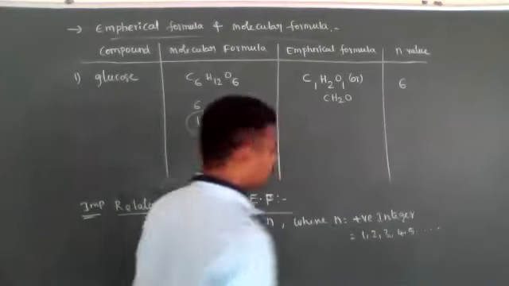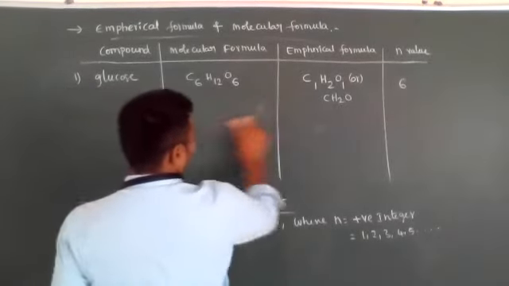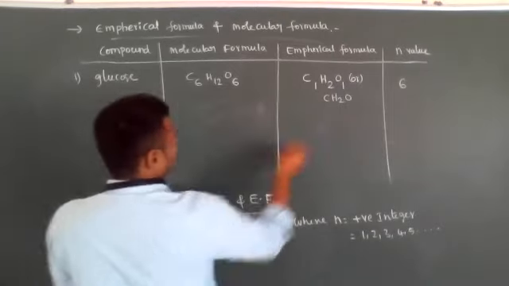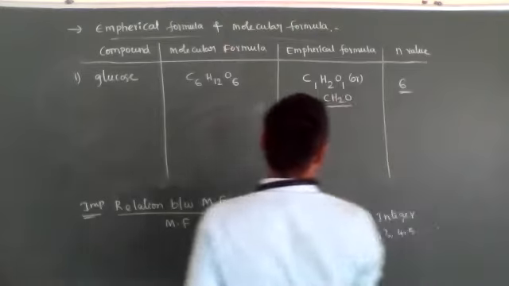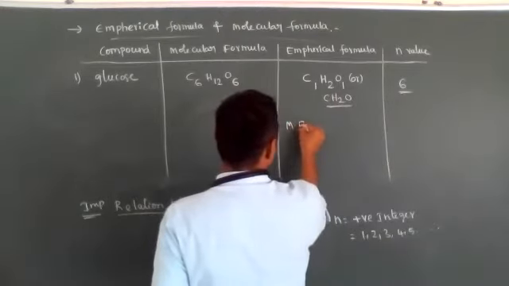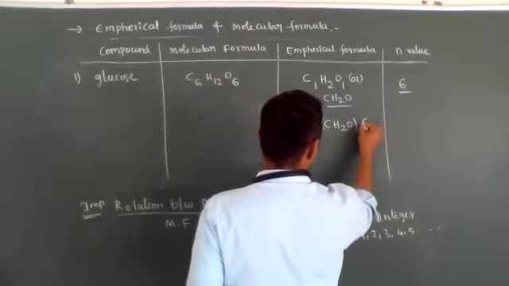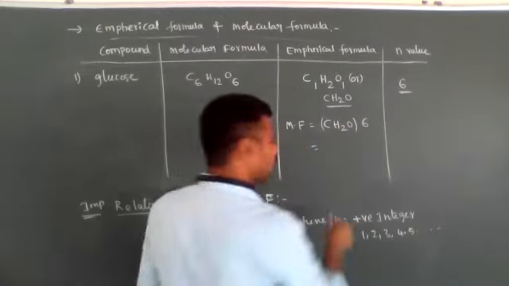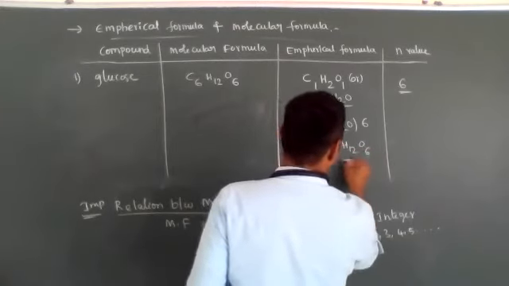Now, if the empirical formula is CH2O and n is equal to 6, then the molecular formula is equal to CH2O into 6. What is the molecular formula? C6H12O6. That is the relation.